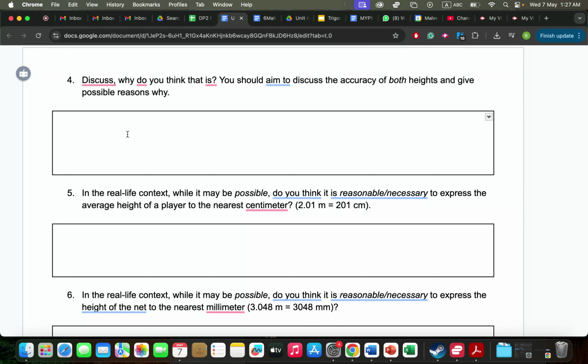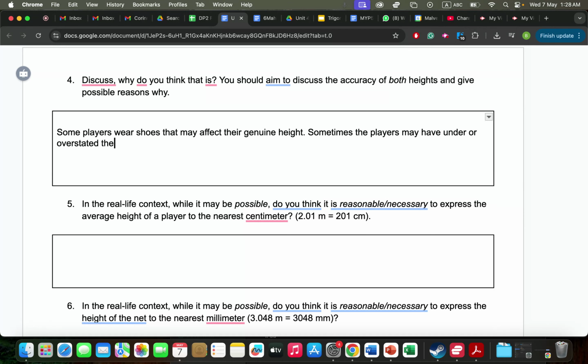Okay, so I'm going to write some reasons here on why the accuracy of both heights are different. I'm going to write that some players wear shoes that may affect their genuine height. Sometimes you could also say that the players may have under or overstated their heights as well.